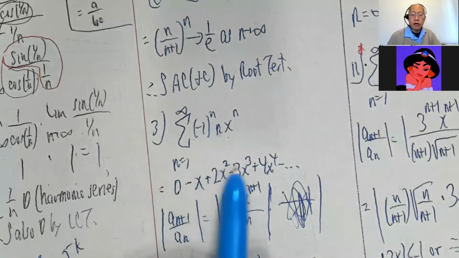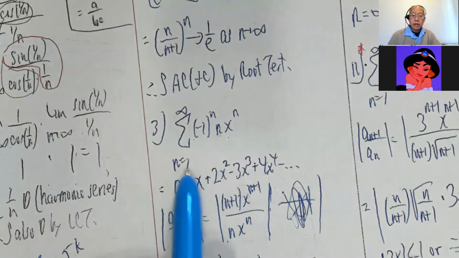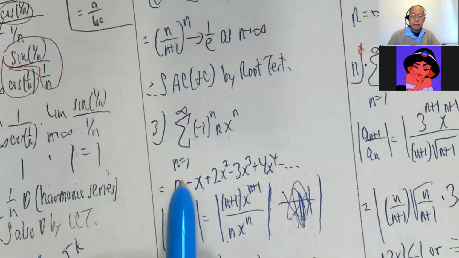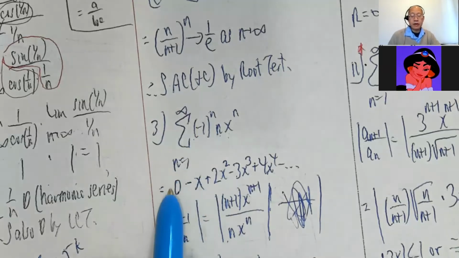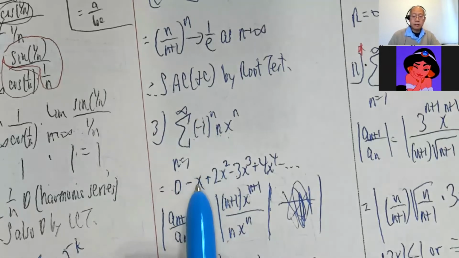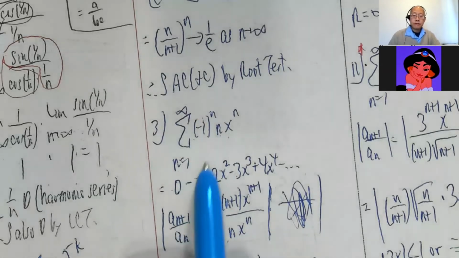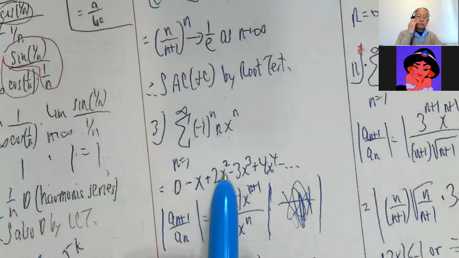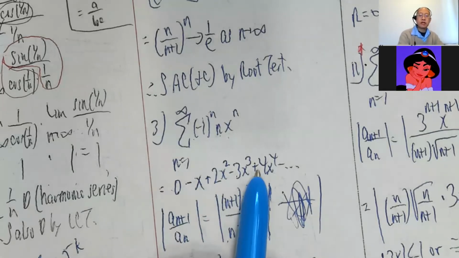And just for fun, I wrote out some of the terms. So this alternates. I plug in 0. Well, I'm not plugging in 0, but I put it in anyway. If I plug in 1, it's negative. So I have negative x. Plug in 2, 2x squared, minus 3x cubed, plus 4x to the 4th.